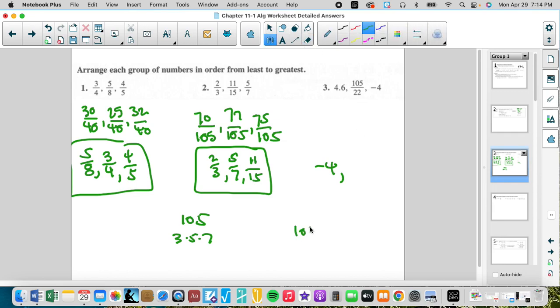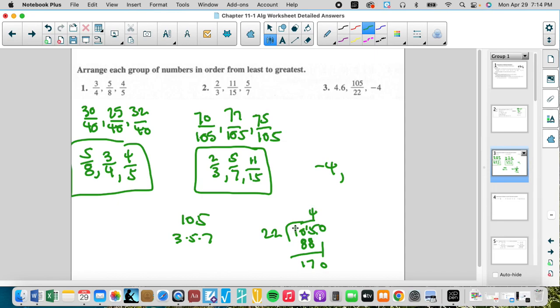So 105 divided by 22 is going to give us, well, let's try 5. That's 110, too much. So that's going to be 4. That's 88. And that leaves 17. Bring down the 0.